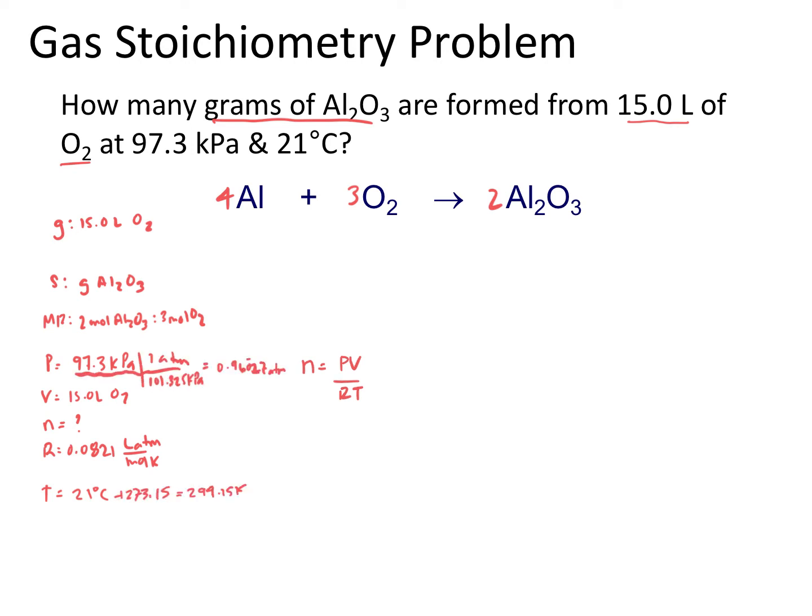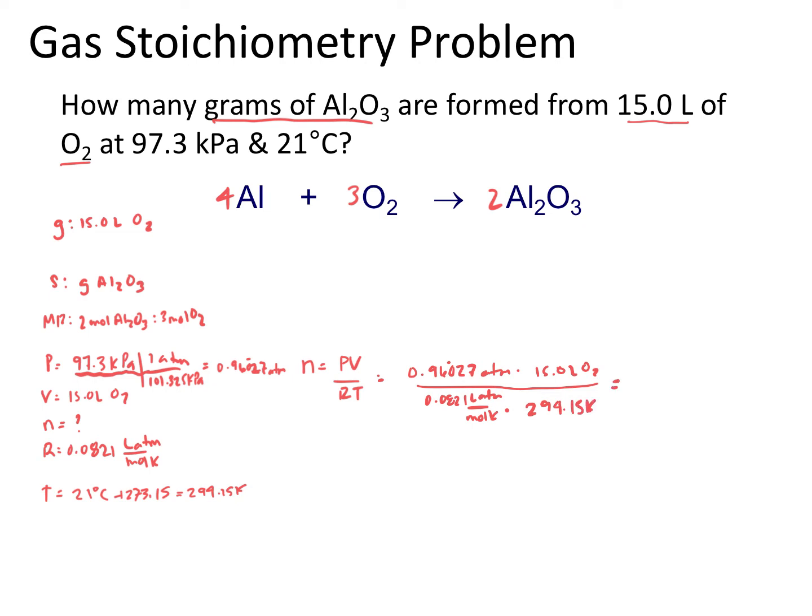Now that we've made all the appropriate conversions, we can plug in our values. We're going to plug in our pressure, which is 0.627 atm, times our volume, which we were given, all over our ideal gas constant times our temperature.